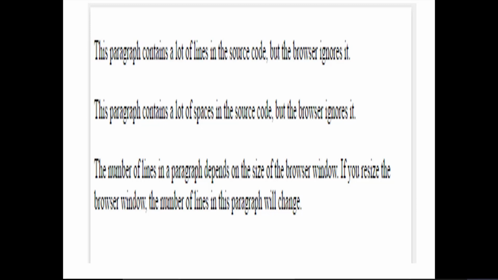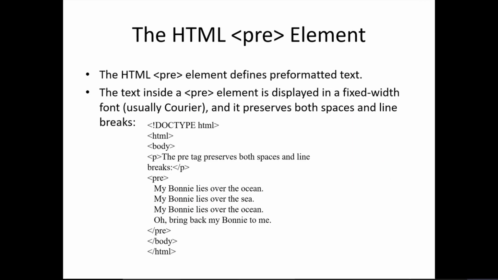If you resize the browser window, if you minimize or reduce it further, then the number of lines in this page will change. Or there can be many reasons where the number of lines on this web page will change. That's why we use the paragraph tags.